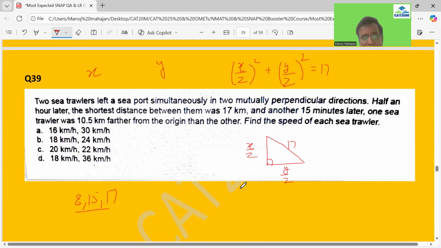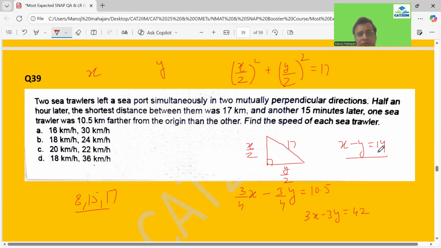So let's say if X speed is more, so what do I get? 3 by 4, 45 by 60, I convert it into hours, minus again this. This is nothing but what? Difference 10.5, right? So what do I have is 3x minus 3y is equal to 42. X minus y is what?